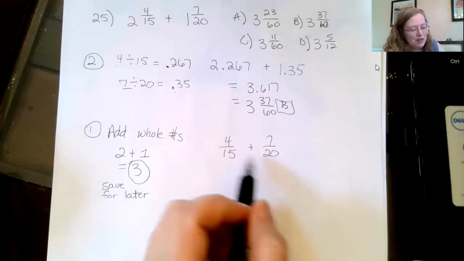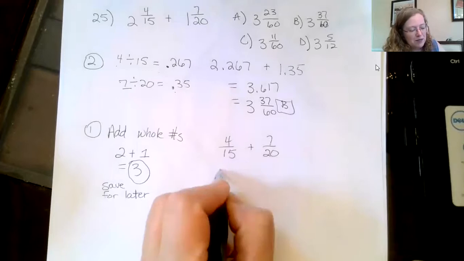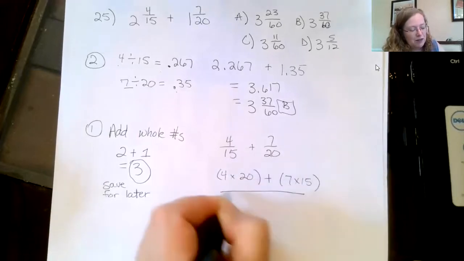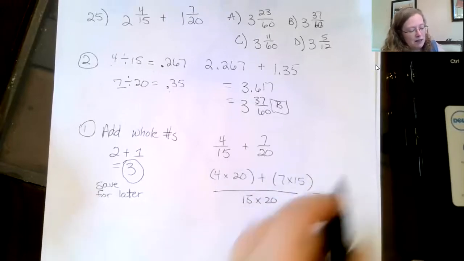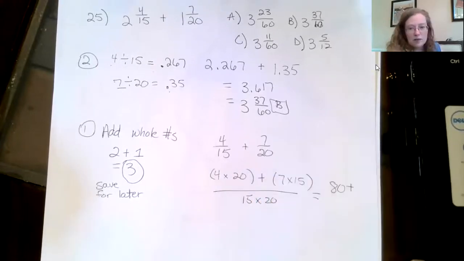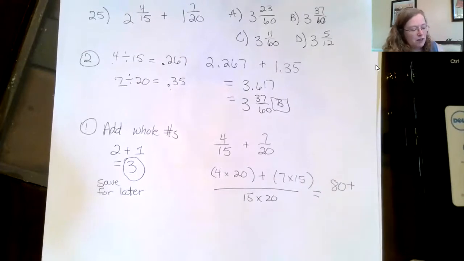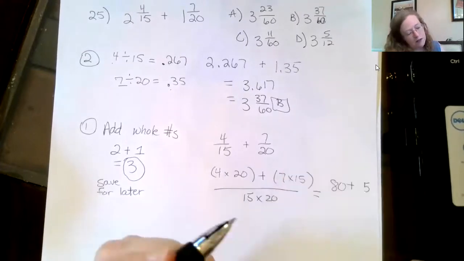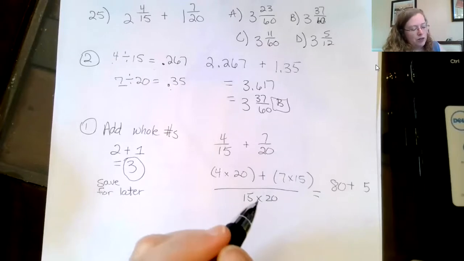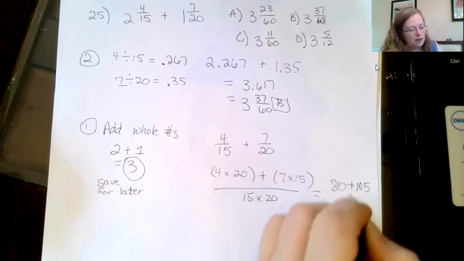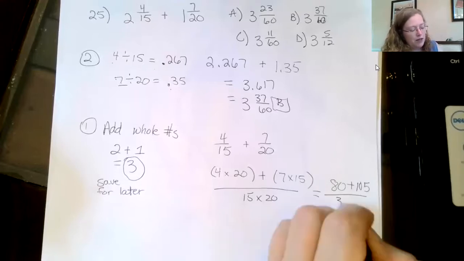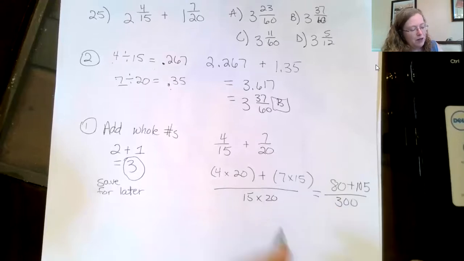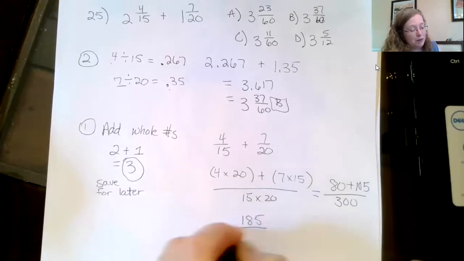4 times 20 plus 7 times 15 divided by 15 times 20. That's going to be 80 plus 7 times 15 is 5, carry the 3. So 105. And that will be divided by 300. Okay, so we have 185 divided by 300. They can both definitely divide by 5.